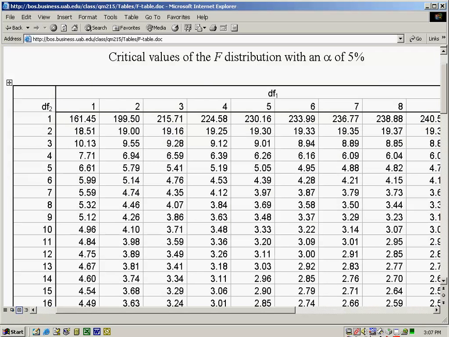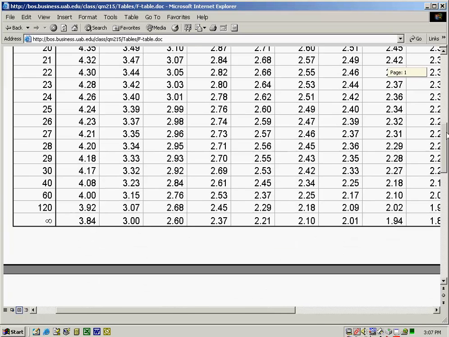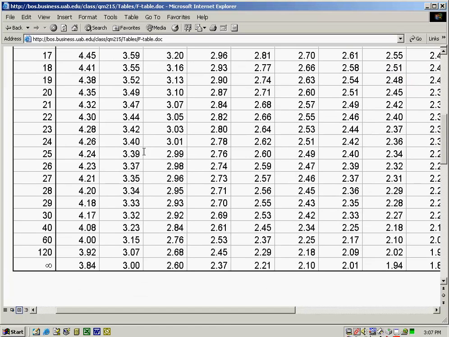Alright, so let's go to our tables and look that value up. Alright, so this is the F distribution with an alpha of 5%. That's the only thing we have on our website. So the second column is where the 2 degrees of freedom for the top line, and then we want 26 for the bottom line. So our critical value is 3.37.